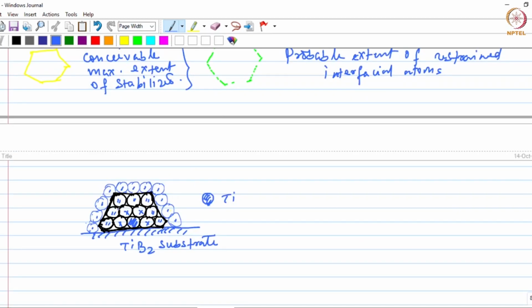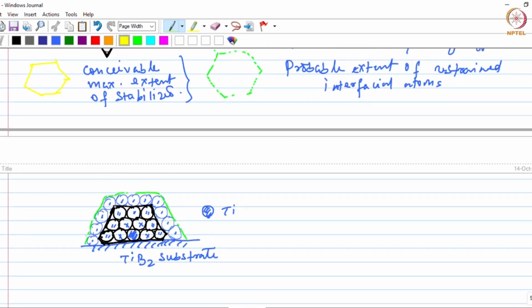Same notation is followed over here also. So this outer layer that you have here now, that is the same outer layer that you see in the previous diagram as well. Same for this also. Right?